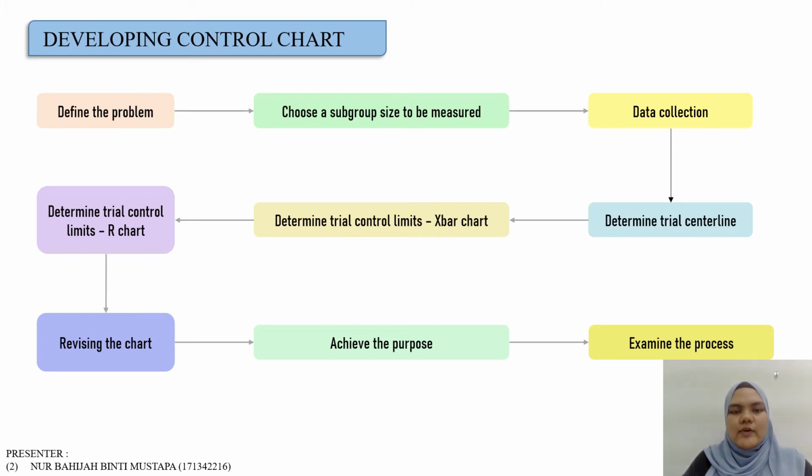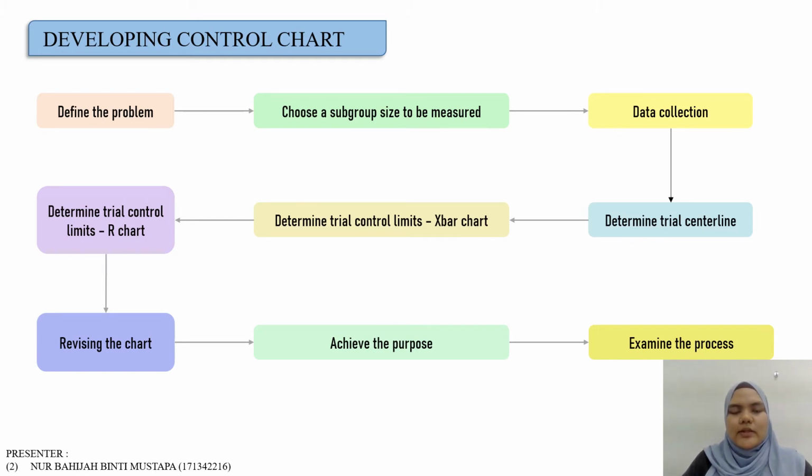Then we will revise the chart. In some cases, control limits are revised due to the inclusion of out of control points in calculating the control limit. Or in other cases, the process is in control, but the differences within the subgroup improve. So by interpreting the original chart, isolating the causes, and taking corrective action, we can revise the chart.